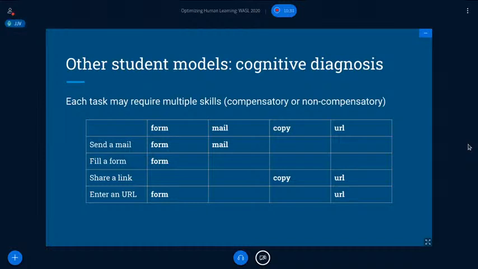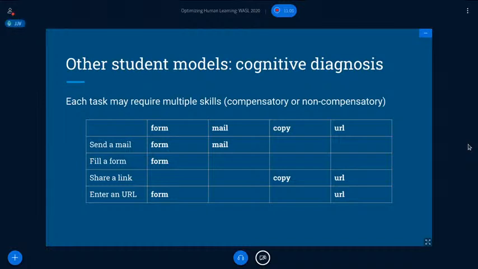You would have as rows the different items or tasks, and as columns the different skills or knowledge components. For example, someone knows how to use a form or knows what a mail is, and you would require the mastery of both of these concepts in order to solve correctly the task of sending a mail.